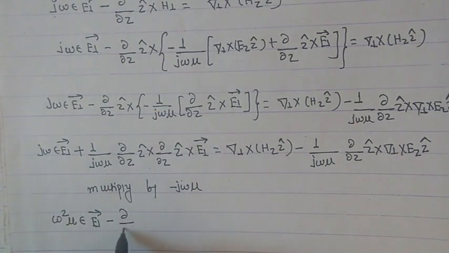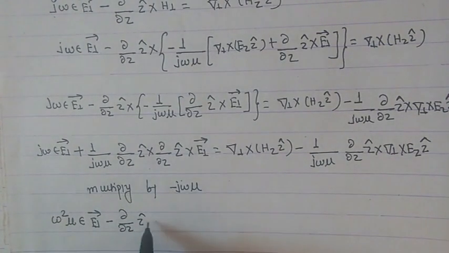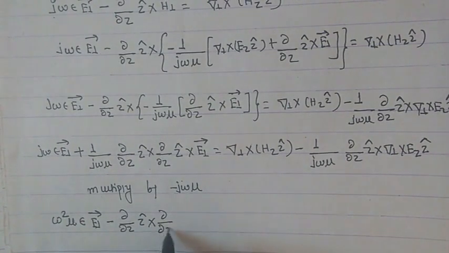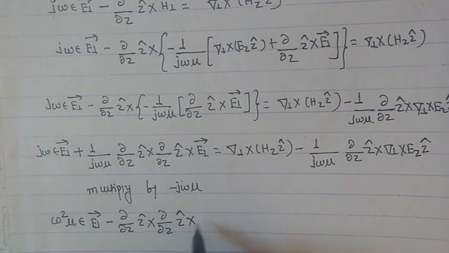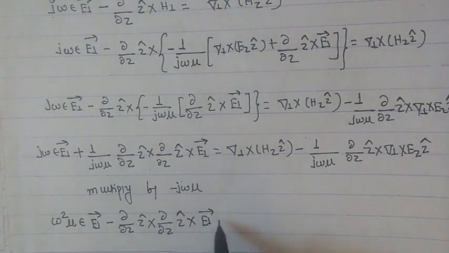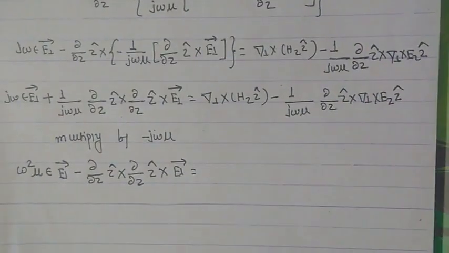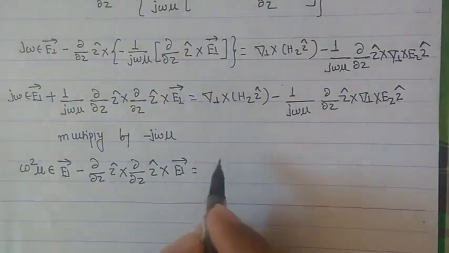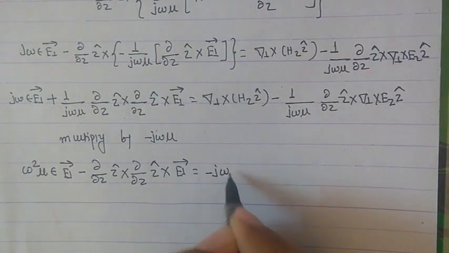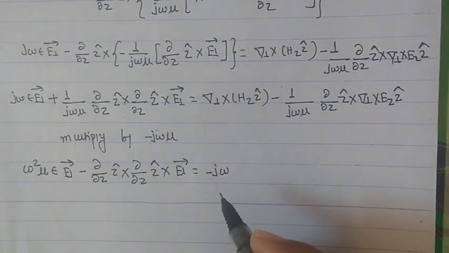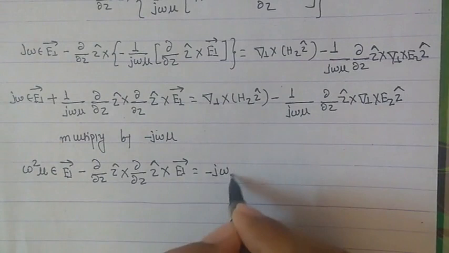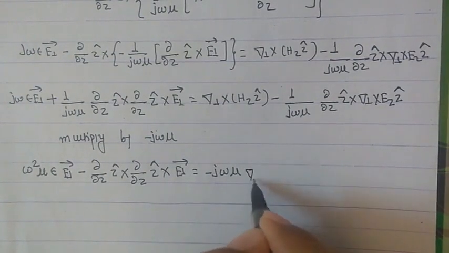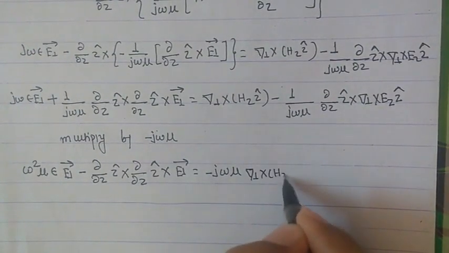So del by del z z cross del by del z z cross E transverse is equal to minus j omega mu del transverse cross Hz z.